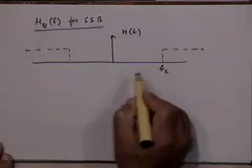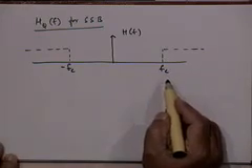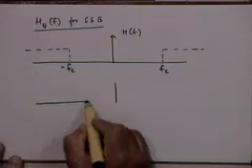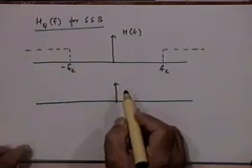This is your H of F, the high pass filter with a cutoff frequency of F sub C. Now let's look at this filter.